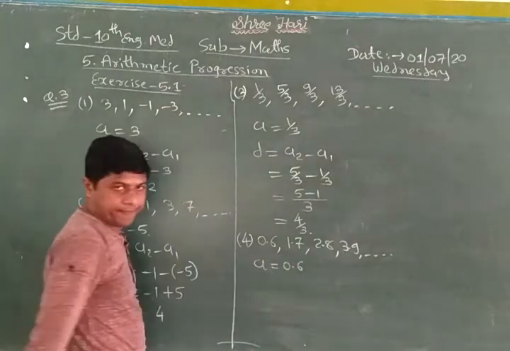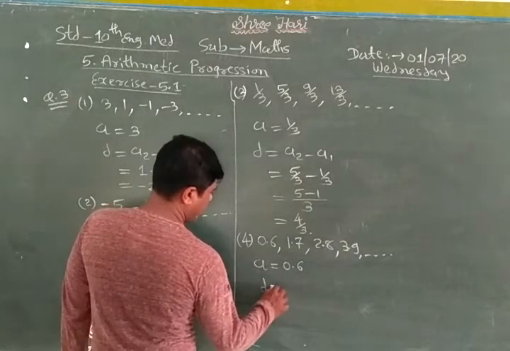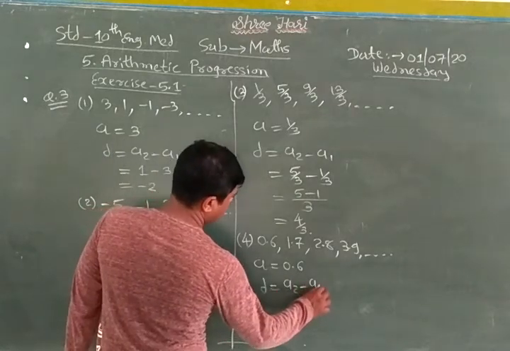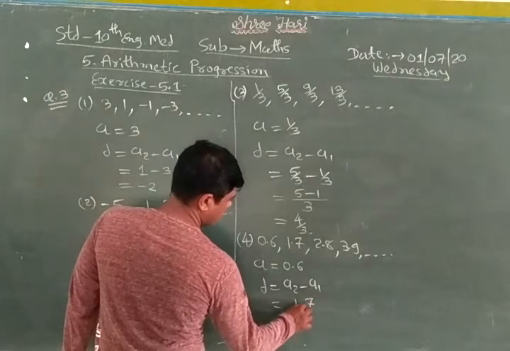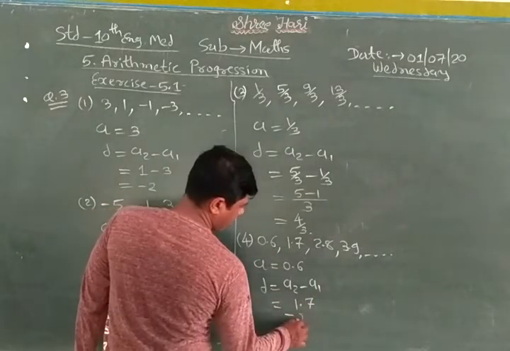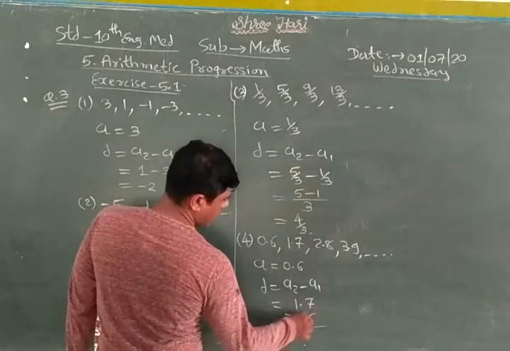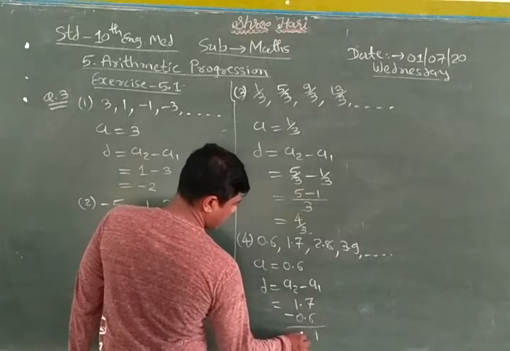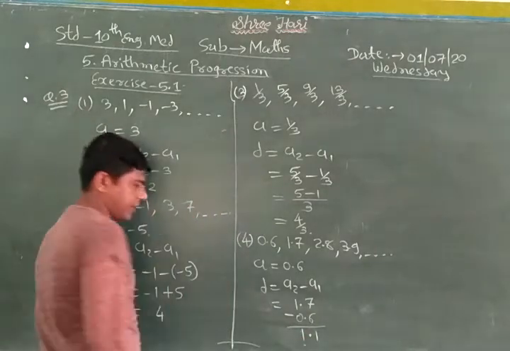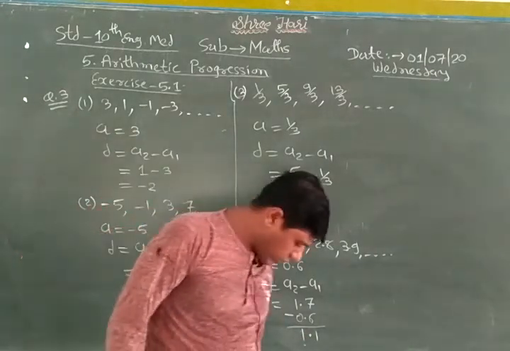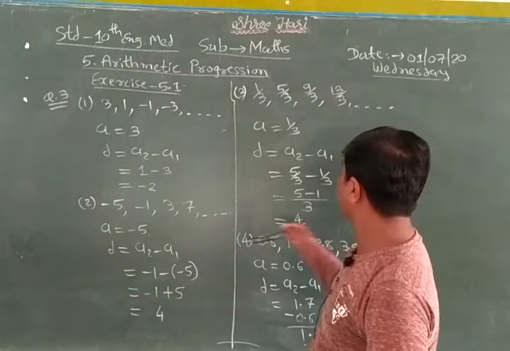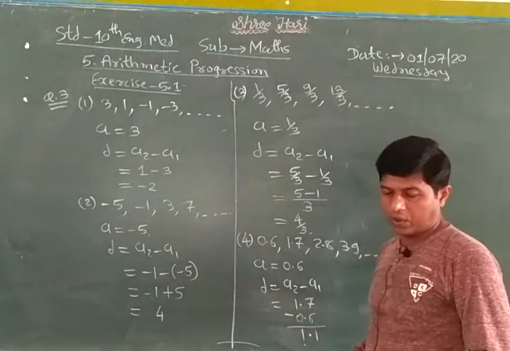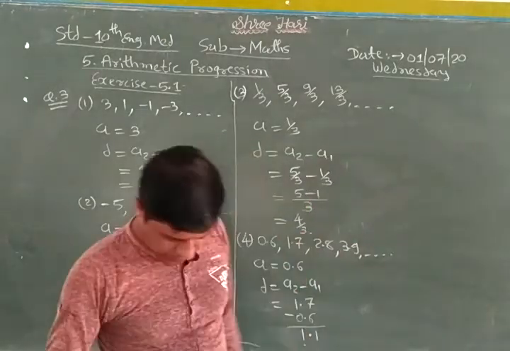A1 means A. Common difference D is A2 minus A1, 1.7 minus 0.6. 7 minus 6, 1, so 1.1. This is the common difference of the arithmetic progression. This is question number 3 finished. Now question number 4.